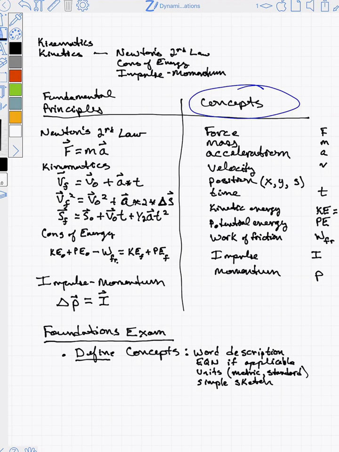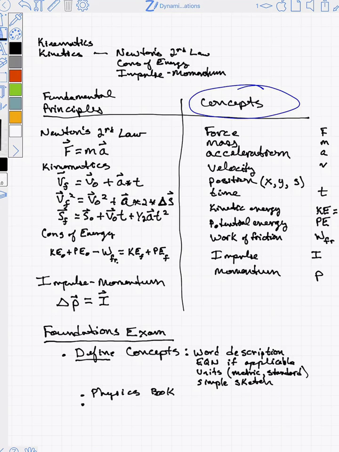So the first question you want to ask yourself as you prepare for the foundations exam is, can I define each of these things using words, an equation, units, and a simple sketch? If you can, from your past learning, great. If you can't, then I would suggest some resources. The first resource would be your physics book. That might be a good place to go and get this information.